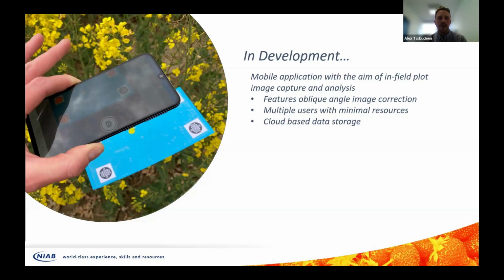And again, with how we work nowadays, using devices to capture data in the field, you've got the option to store data in the cloud and have things backed up. So there's the sort of peace of mind with collecting data nowadays. But that's all in development for a possibility of use. Next slide, please.